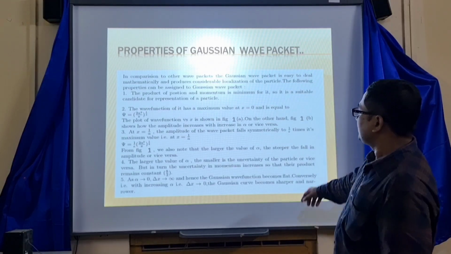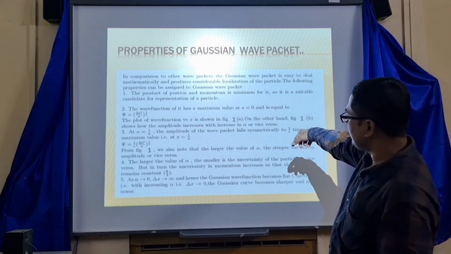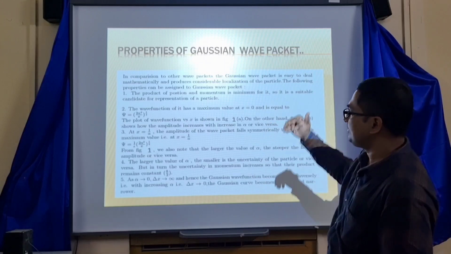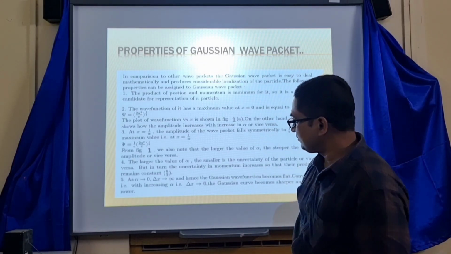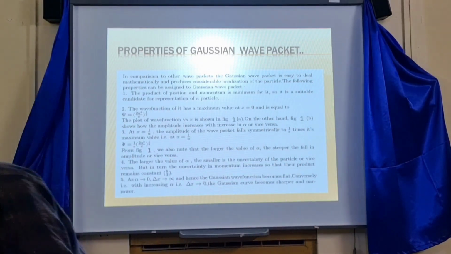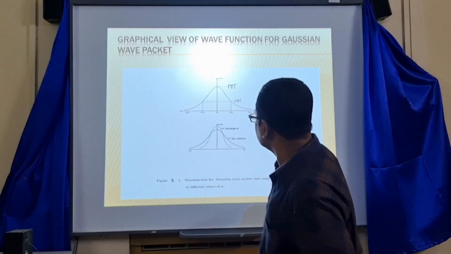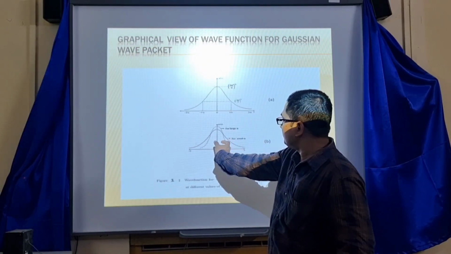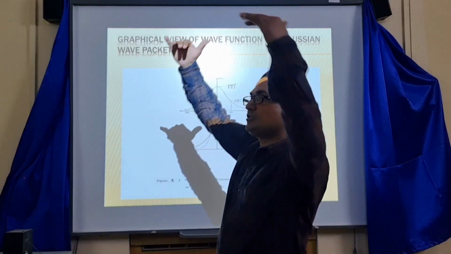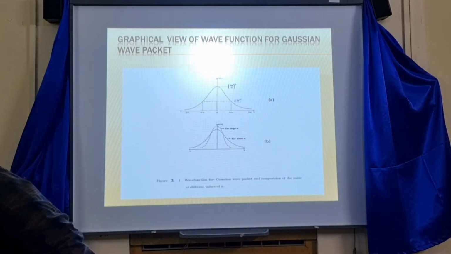And then you can see how the amplitude of the wave function varies with alpha. For a large value of alpha the wave function is sharp, and for a small value of alpha the wave function is flat.